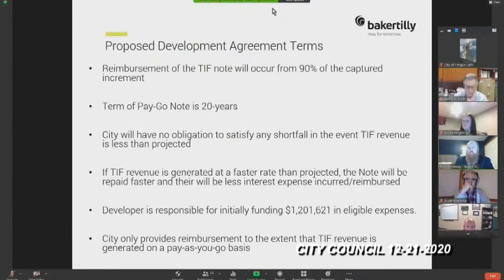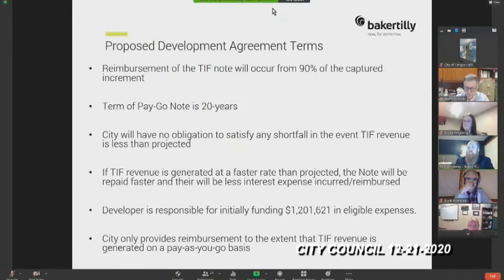If the phase 2 construction is not completed by the end of 2025, the developer will cease to receive TIF reimbursement, and they would be in default per the terms of the agreement. So if the second phase construction or the second building is not completed by the end of 2025, the developer would be in default of the agreement.